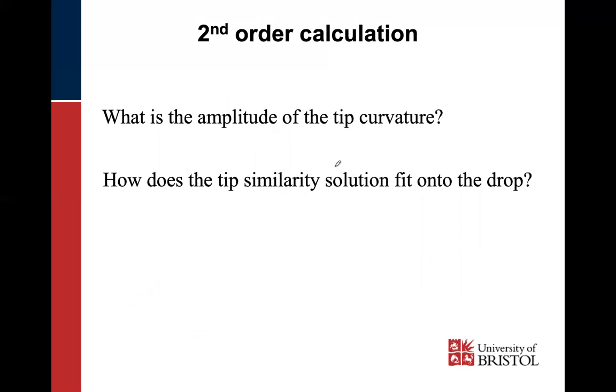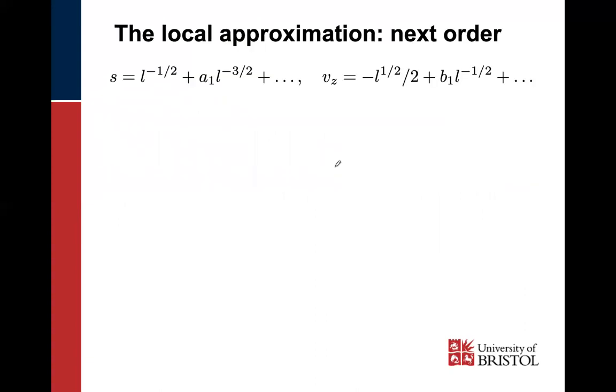And I also want to know how does it all fit together? How does my local tip solution actually fit together with the description of the slender body theory proposed by G.I. Taylor? And so this becomes a little painful, but very, very interesting, I find. I'm just going to sketch how you proceed at the next order.